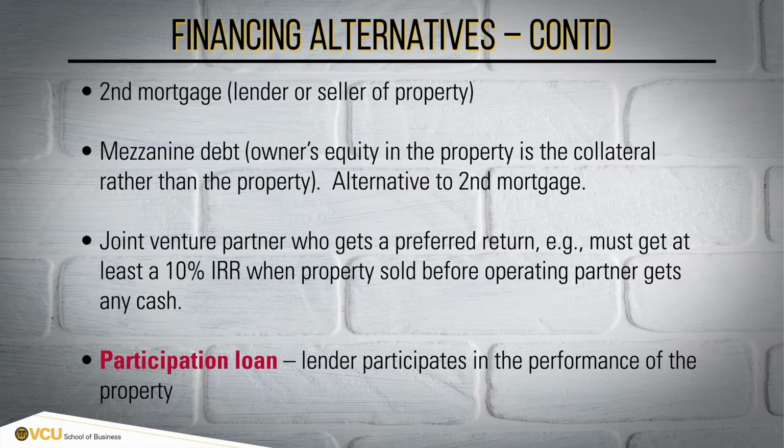There's the joint venture arrangement, and we're going to get into those in a great deal more detail. In those scenarios, you're an investor. You run out and find yourself a number of other investors, and they participate much like you do in an equity position, but they're typically more of a silent partner, whereas you're the operating partner.